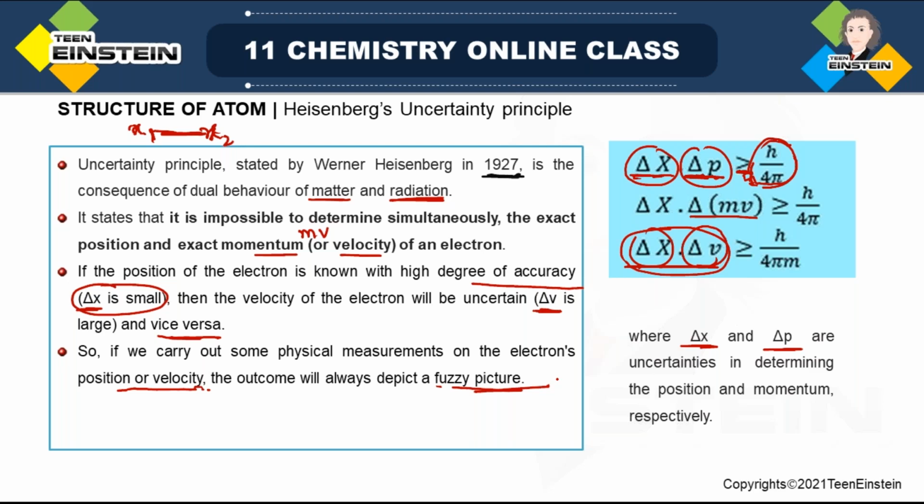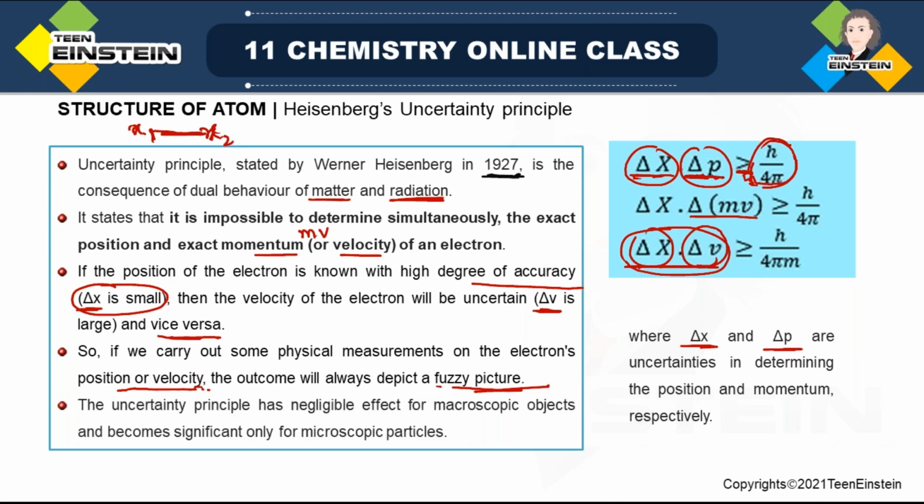Similarly, when you do not know the exact velocity, it is highly uncertain. That means del v is very large, and del v large means the velocity range is very high. It can take any value. Fine. So the uncertainty principle has a negligible effect for macroscopic objects, and it becomes significant for microscopic particles.